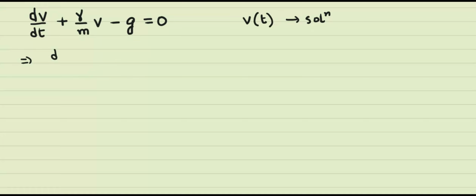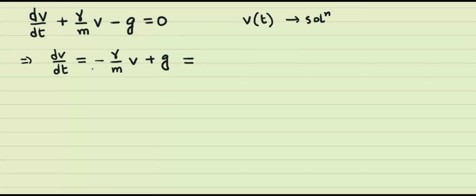What we're going to do is keep the differentiation term on the left and send everything to the right. So you get negative gamma divided by m, and then we have v plus g. Now I'm going to play a trick here.